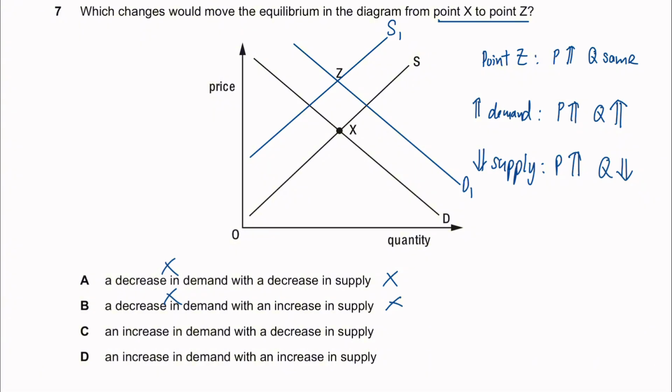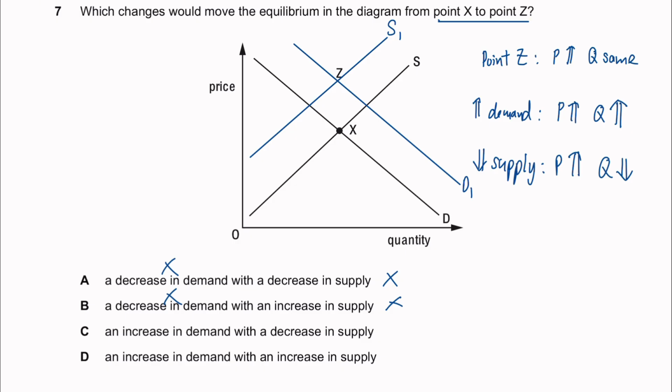So from here we can see it's correct because both price increases fulfill this condition, and then one quantity goes up and one quantity goes down. So this means that the quantities cancel each other off, so quantity remains the same. So these two combinations fulfill this condition.